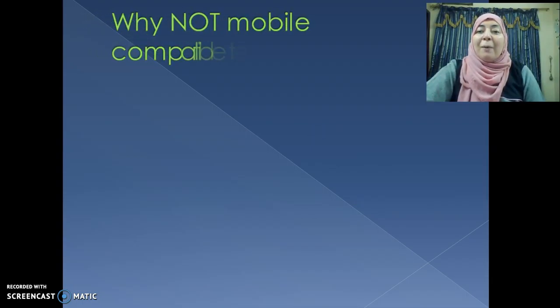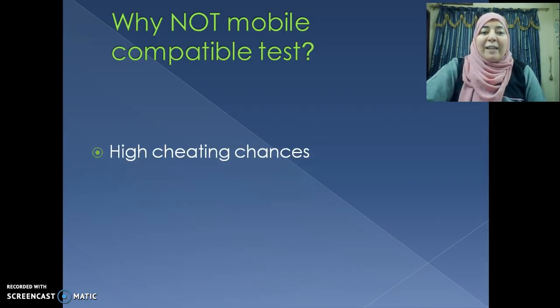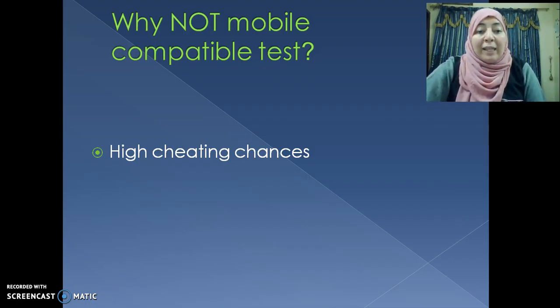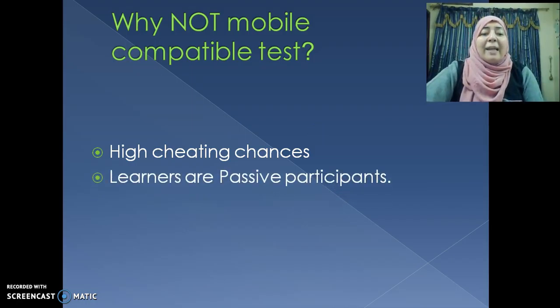As well as knowing why to use a mobile compatible test, we have to know why not to use one. One of the things that stops us from using a mobile compatible test is the high cheating chances. It has been witnessed that some students, when they finish the assessment, just print screen and send it to their colleagues as a kind of support or help. The second thing is that the learners are passive participants.